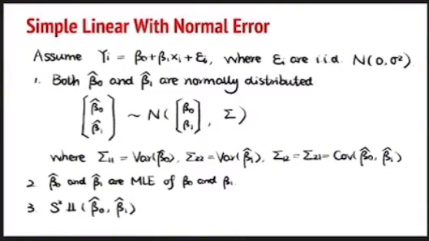I think I've talked about the number one assumption, linearity, which means the expected value of the error equals 0. Number two is normality: the error follows a normal distribution with mean 0 and variance sigma squared.